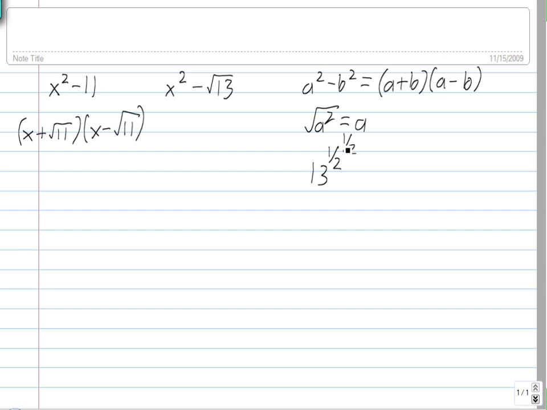So 1/2 times 1/2 is 1/4. So you had 13 to the 1/4 power, which when you convert that back into radical form, it's the 4th root of 13. So this factors out into x plus the 4th root of 13 and x minus the 4th root of 13.